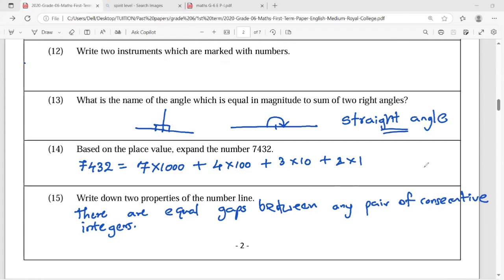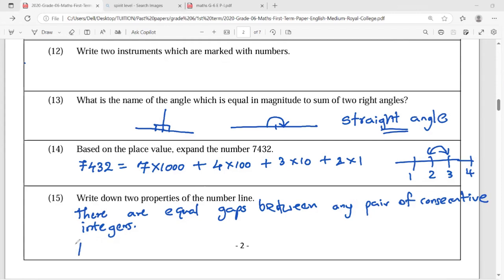That means if you take like this, 1 and 2 are consecutive, right? 3 and 4 are consecutive. That means the number that comes next to the other, right? So if you take here 2 and 3 are consecutive, so the gaps are equal in between any two consecutive integers, right?